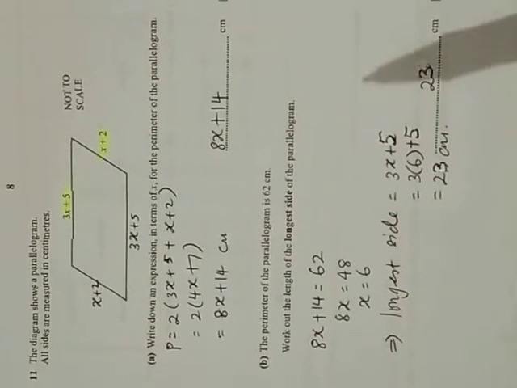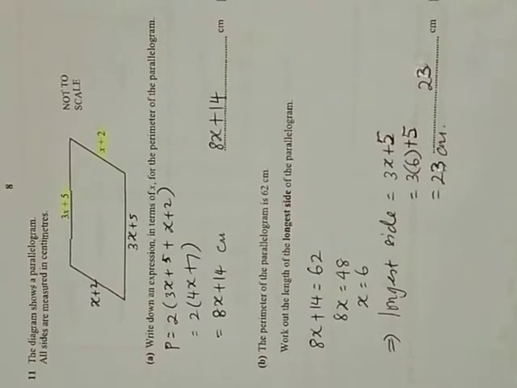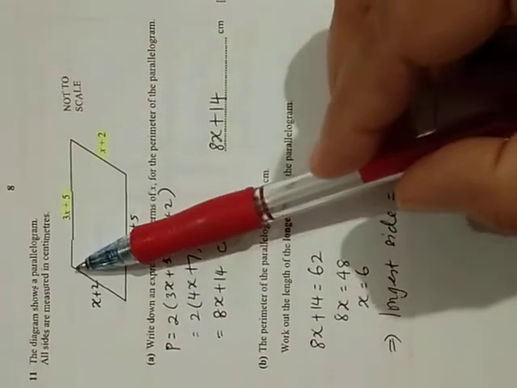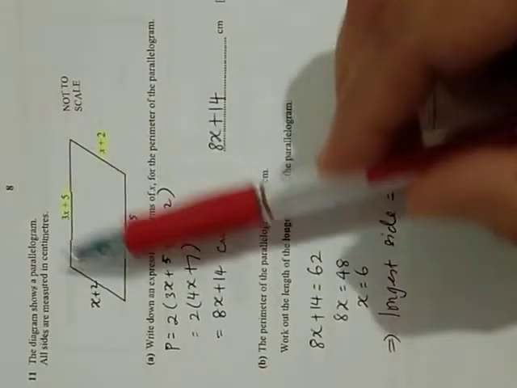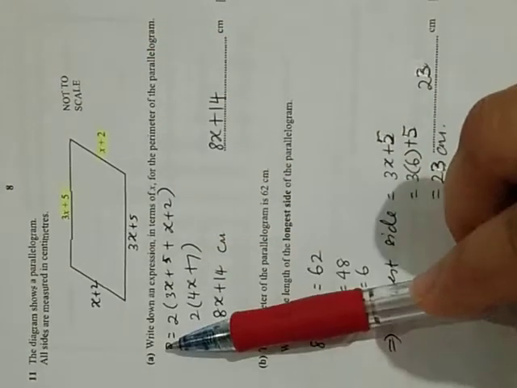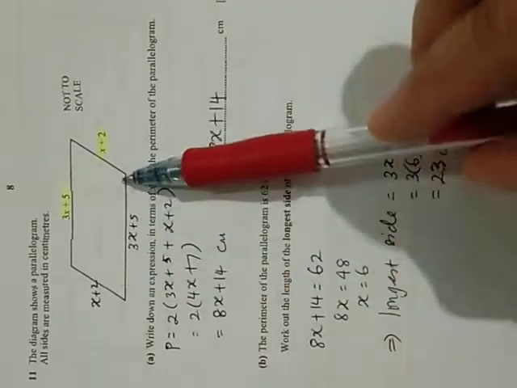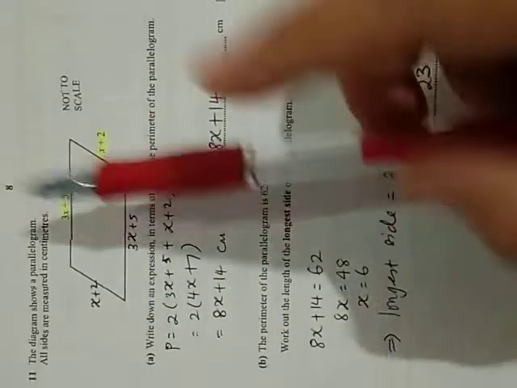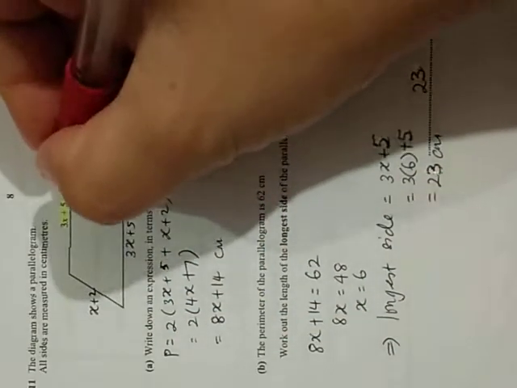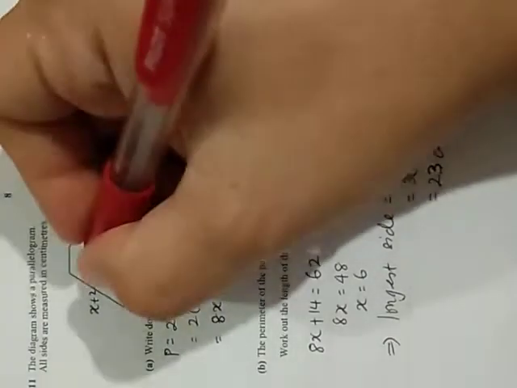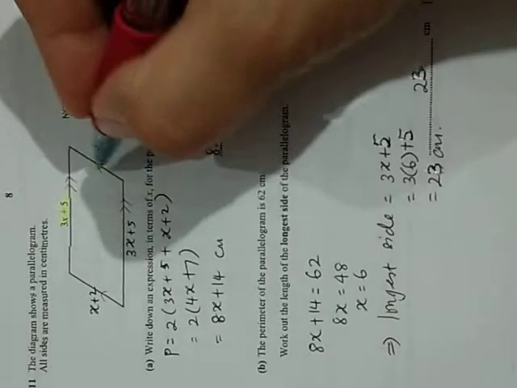Now, number 11. The diagram shows a parallelogram. All sides are measured in centimeters, not drawn to scale. Write down the expression in terms of x for the perimeter of the parallelogram. Parallelogram means this side and this side are the same length, and this side and this side are the same length.